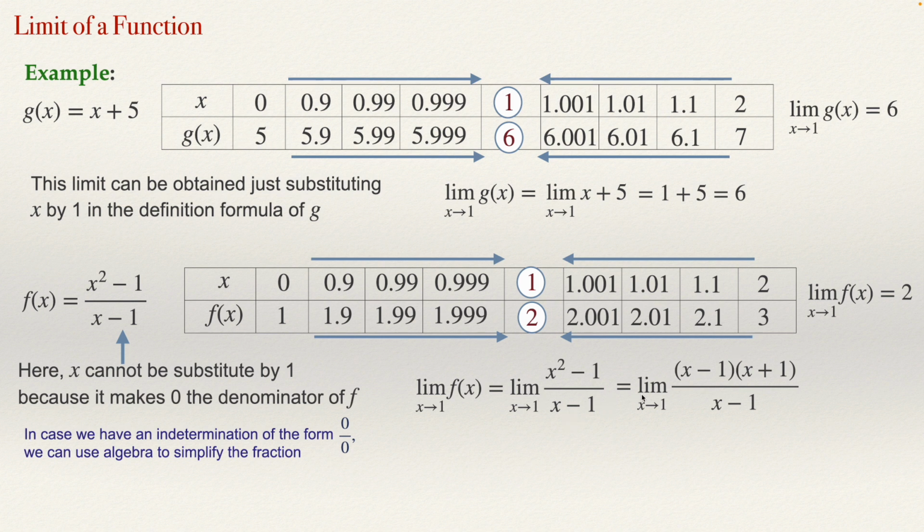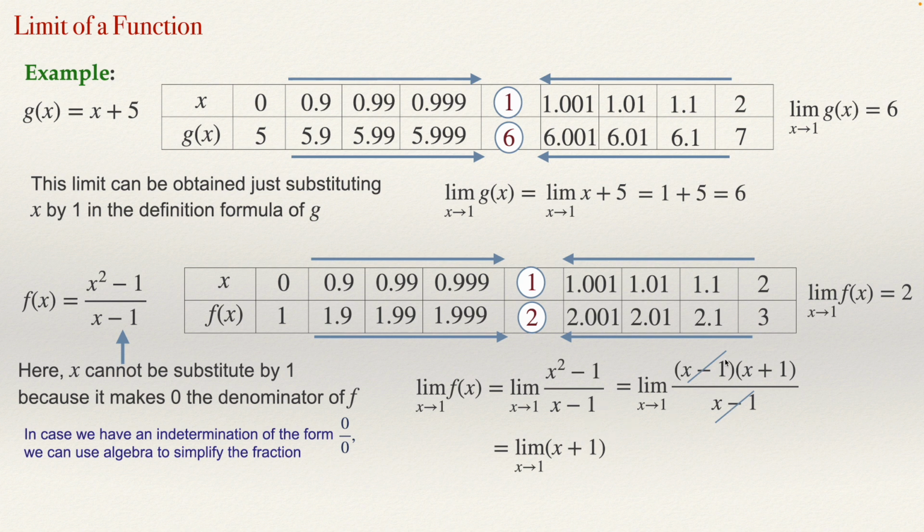And now we notice that this x minus 1 can cancel. So we eliminate these two, and then actually this will be the same as the limit when x approaches 1 of x plus 1. So this function x squared minus 1 over x minus 1 is equal to this function if x is different than 1.